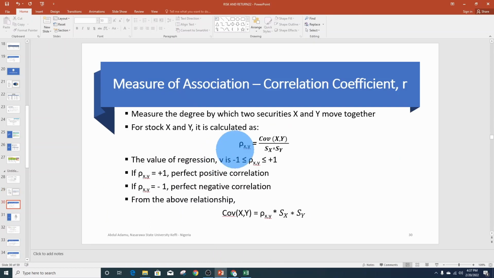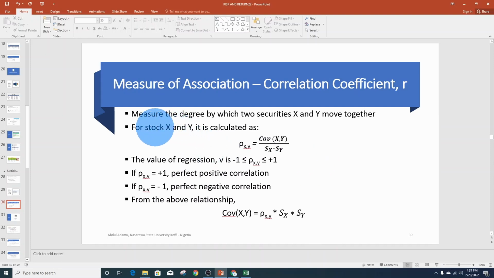Now the next thing is correlation coefficient. It's used to measure the degree by which two assets, X and Y, move together. So this can tell you the degree of the relationship, whether it is strong, it is low, it is perfect, or it is zero.